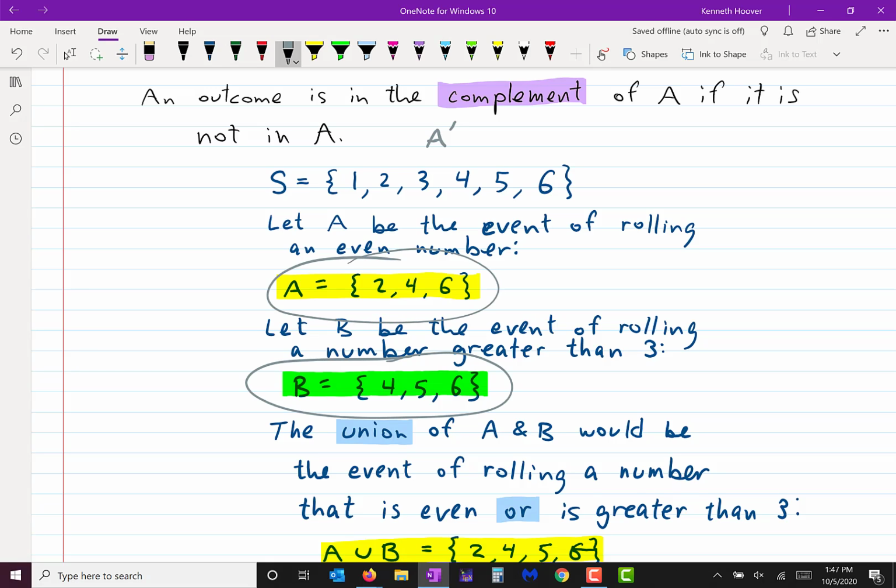No, not at all. Ask yourself this question. How many even numbers are in B? Two of them. If I tell you that B happened, and I ask you what's the probability that A is also happening, knowing that B happened, then we can look in B and say there's 3 elements in B, and 2 of them are also in A, and so the answer will be 2 over 3.